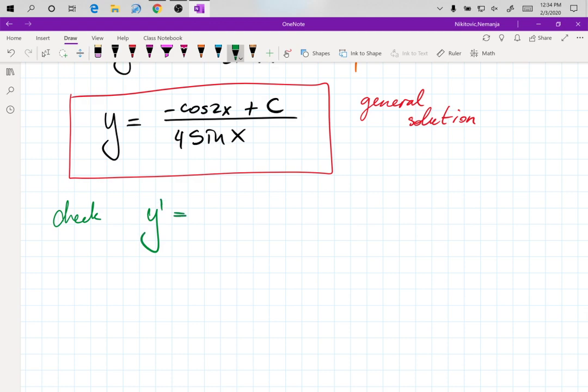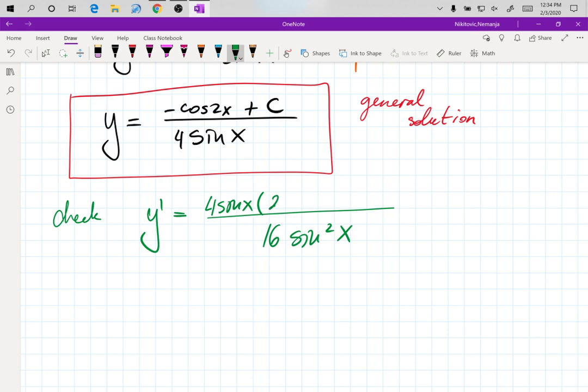Y prime is the quotient rule. We square the denominator. That's going to be 16 sine squared x. And then 4 sine x times the derivative of the top. Derivative of cosine is negative sine that kills the minus.